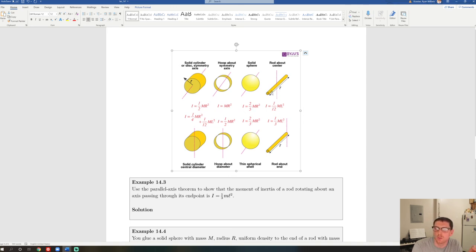And then the last one would be for a rod about its center and a rod about one of its endpoints. And these straight lines here indicate the axes of rotation, right? But let's come back to the parallel axis theorem, because this is something you can find in your textbook. Probably any intro physics textbook will have a table like this.